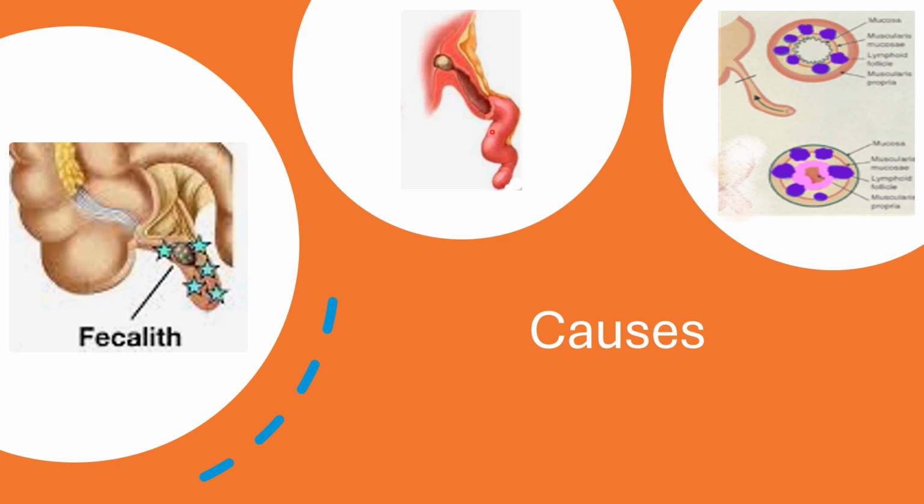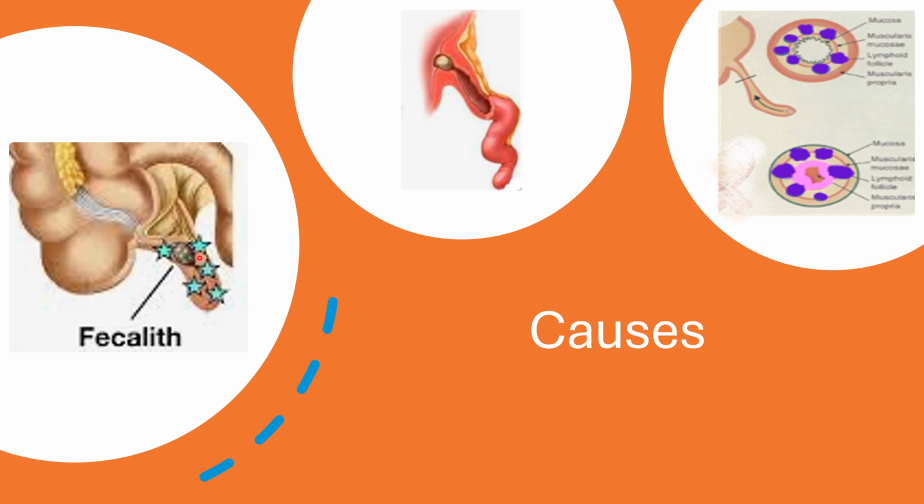And eventually the appendix will have lots of bacteria growing in there, and the tissue will start to die, and the patient will feel pain and other signs and symptoms that we're going to go through.